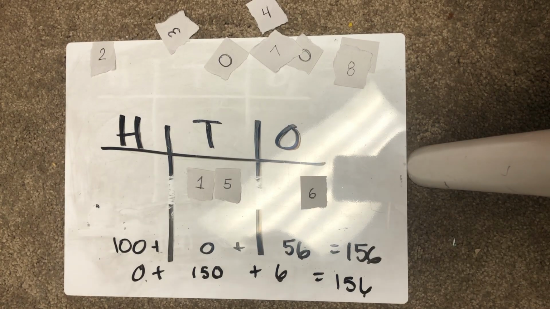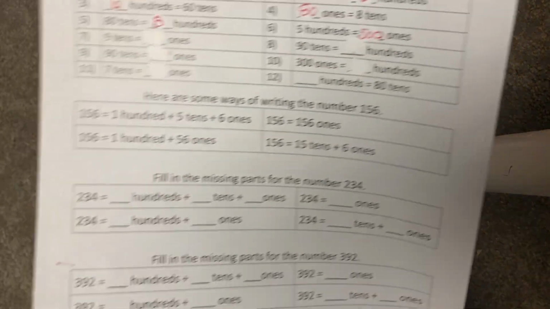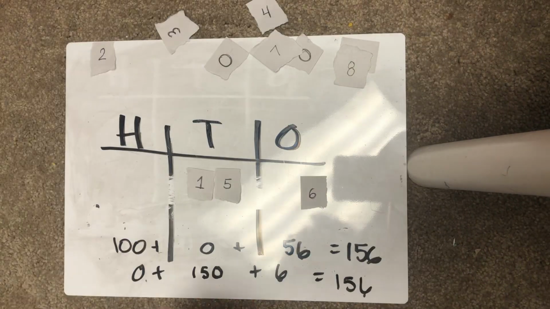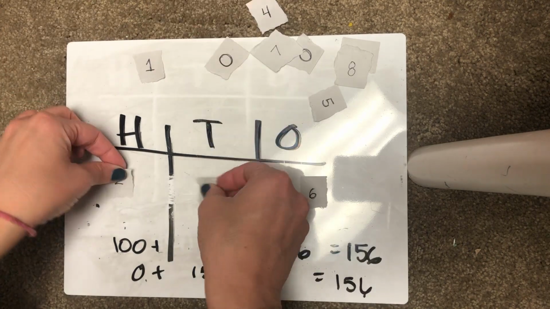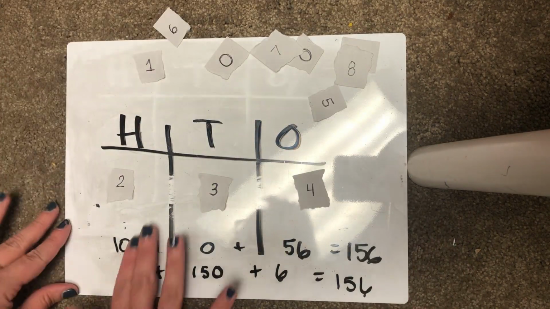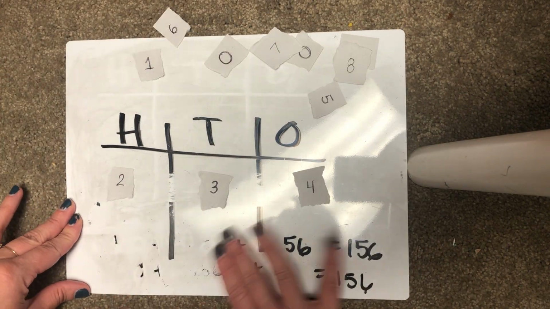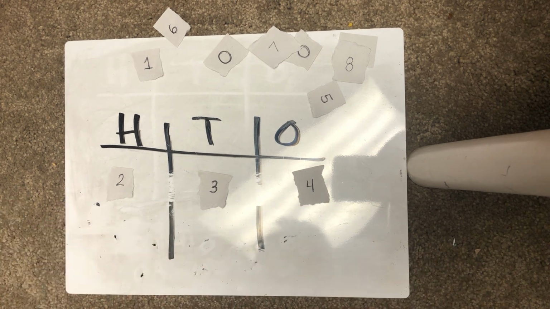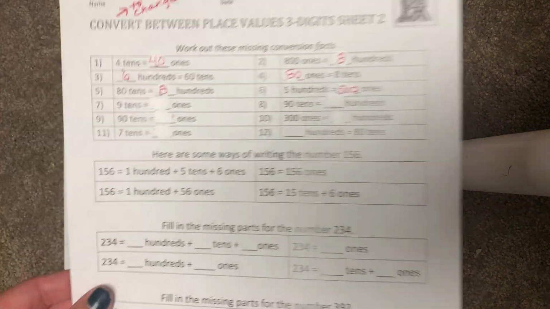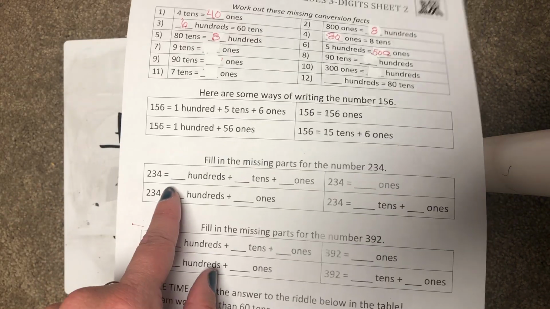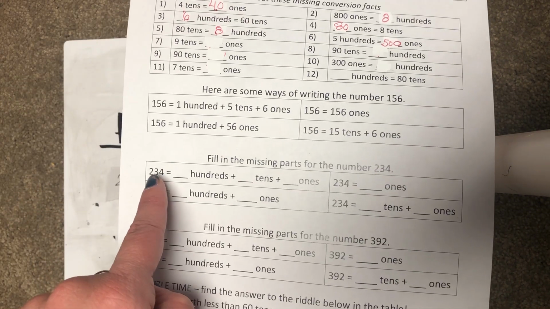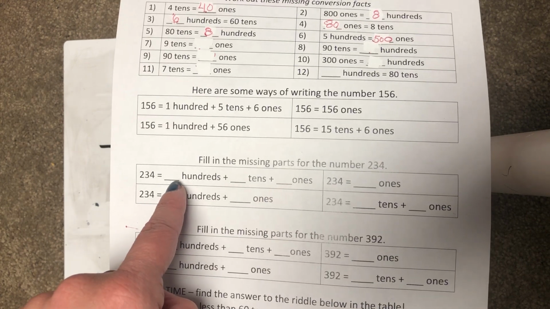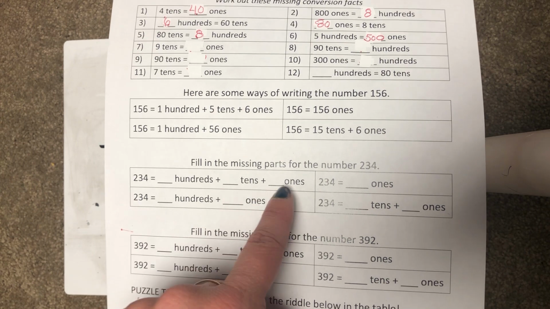Let's give it a try on 234. Make 234. For the first one, we're going to fill in the missing parts. We're allowed to include all 3 place values. What is the amount of hundreds, tens, and ones?